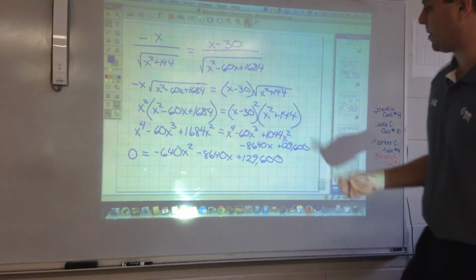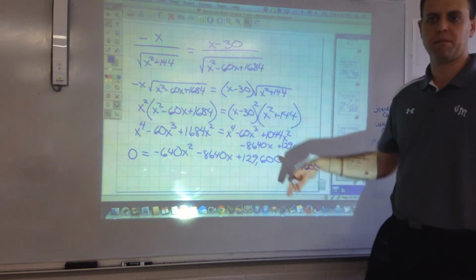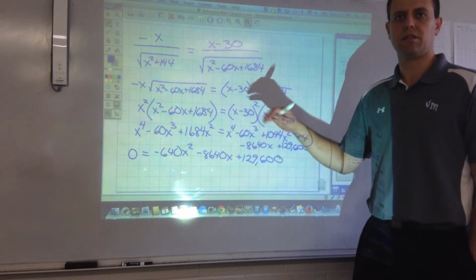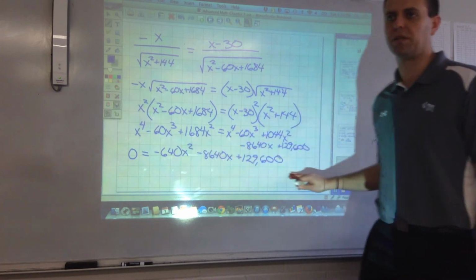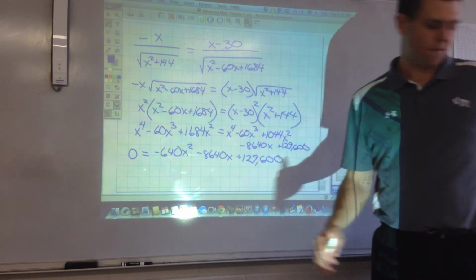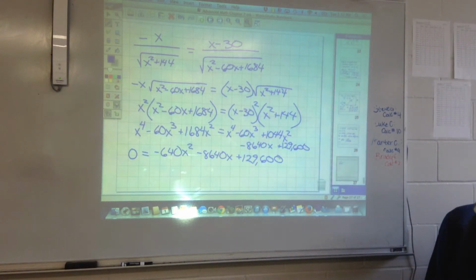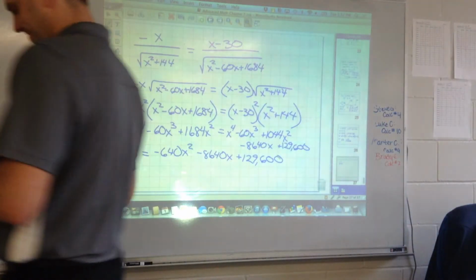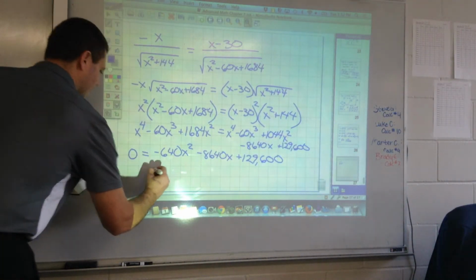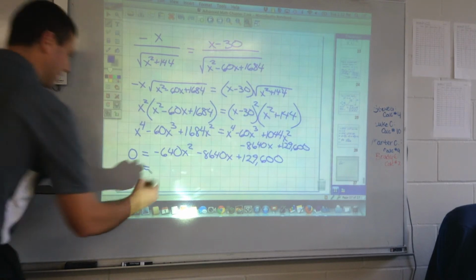If I were doing this on my own, I'd start dividing by 10, then keep dividing until I got this down to simplest terms. The book says I should try 320. Or actually, in this case, negative 320.